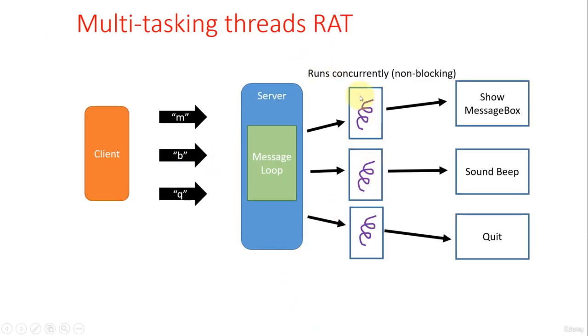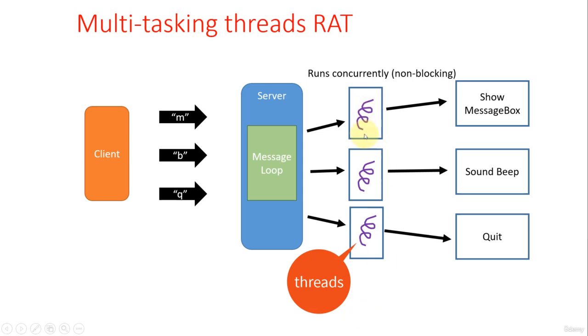Now this is another new design, the multitasking threads server. On the left you will see the client as usual, and the client can send messages M for showing message box, B for beeping, and Q for quit. Now we are introducing a new technology here, which is called threads.